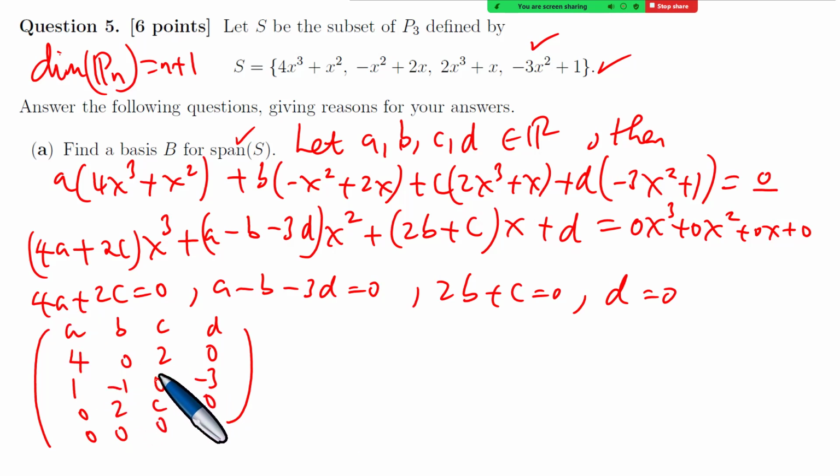The bottom one is 0, 0, 0, 1, the one under D in the last row. So it appears that it's pretty fine. There are no letters inside the matrix.